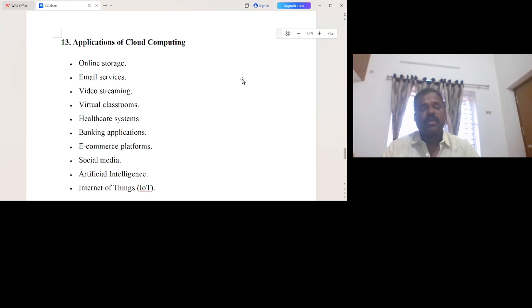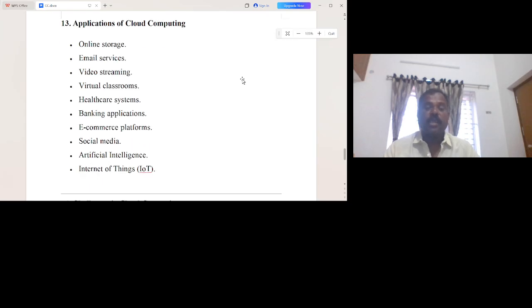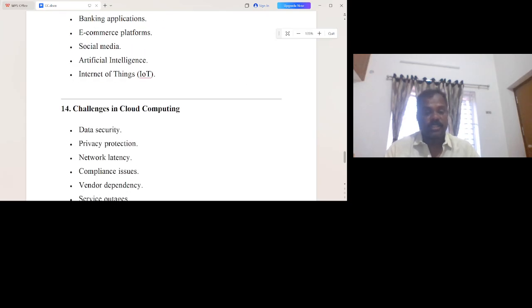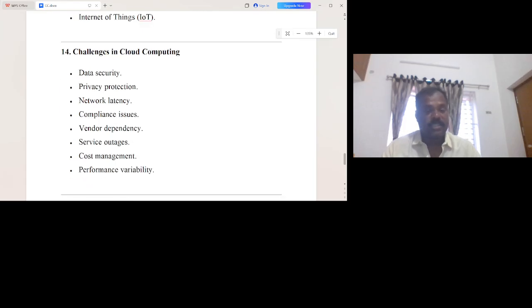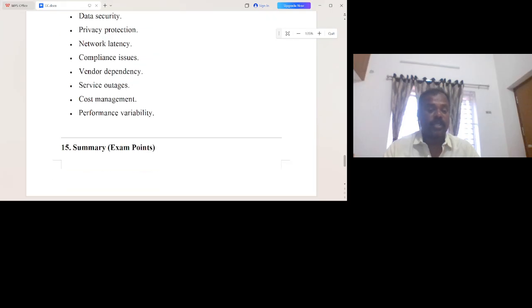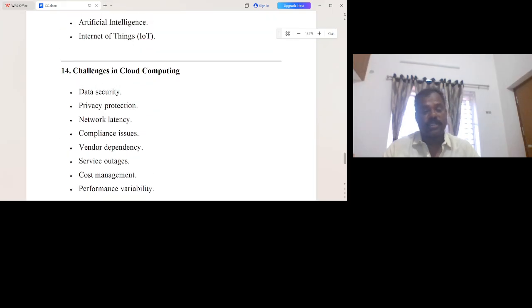We use cloud computing techniques for online storage, email services, video streaming, virtual classrooms, healthcare systems, banking systems, e-commerce platforms, social media, and AI and IoT concepts. Some challenges arise in cloud computing techniques: data security, privacy protection, network latency, service outages, cost management, and performance variability.